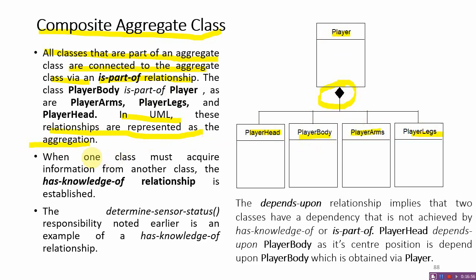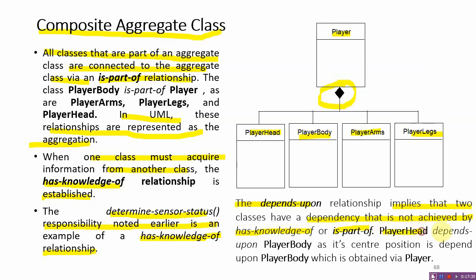So when one class must acquire information from another class, the has knowledge of relationship is established. So determine sensor status, which is a responsibility noted earlier, is an example of the has knowledge of relationship. The depends upon relationship implies that the two classes have a dependency that is not achieved by the has knowledge of or is part of relationship.